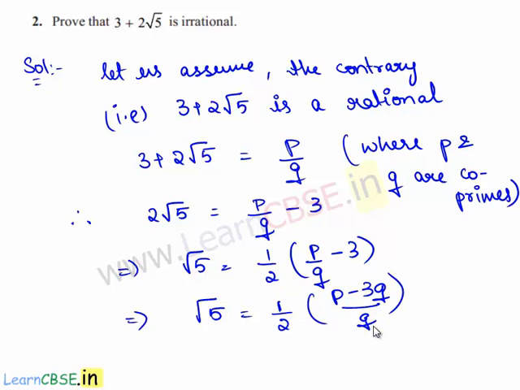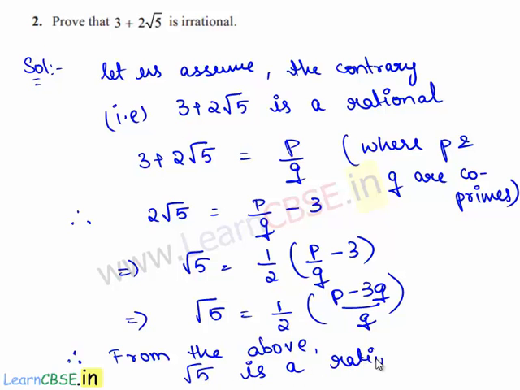Since p and q are integers, 1 by 2 times p minus 3q by q is a rational number. Therefore, from the above equation, we obtain root 5 is rational.